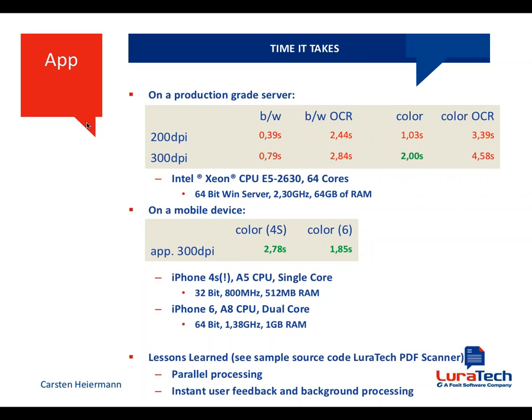Both of them are very powerful, and you see that on the iPhone 4S, it's slower than our server, 2.78 seconds per approximately 300 dpi image. But on an iPhone 6, guess what? It's even faster than our server-grade CPU, 1.85 seconds, below 2 seconds.